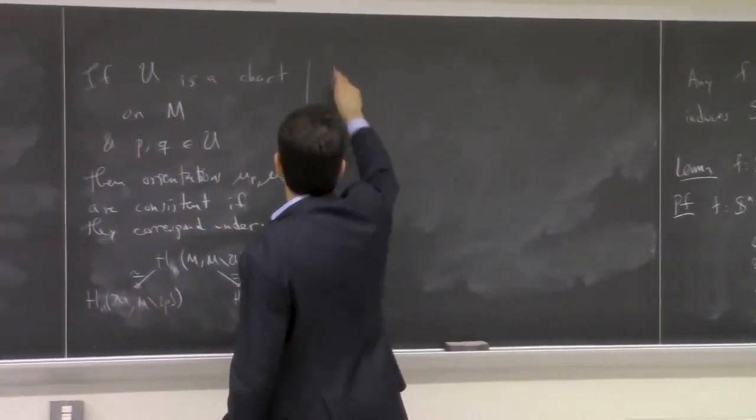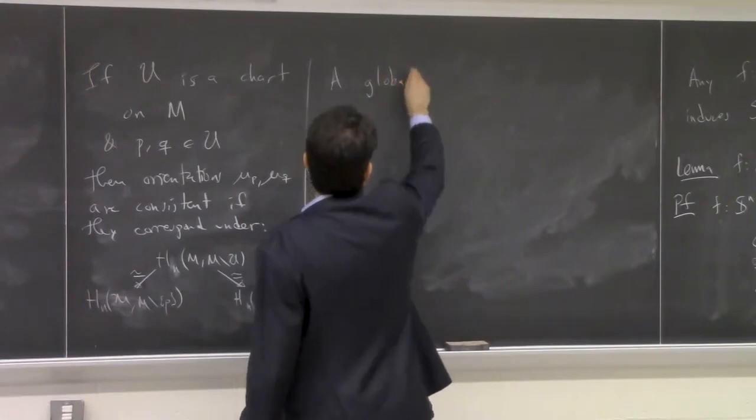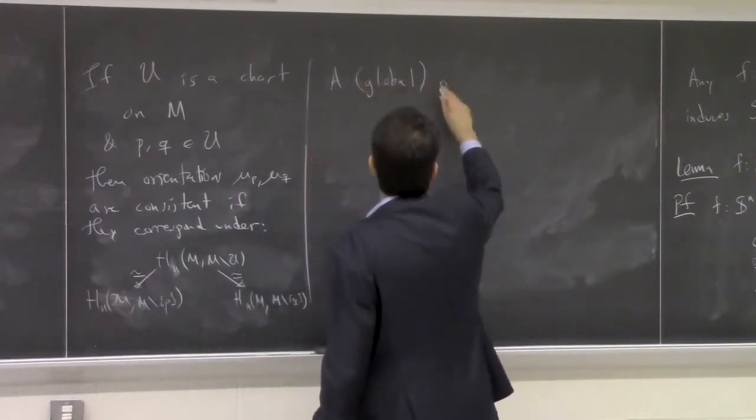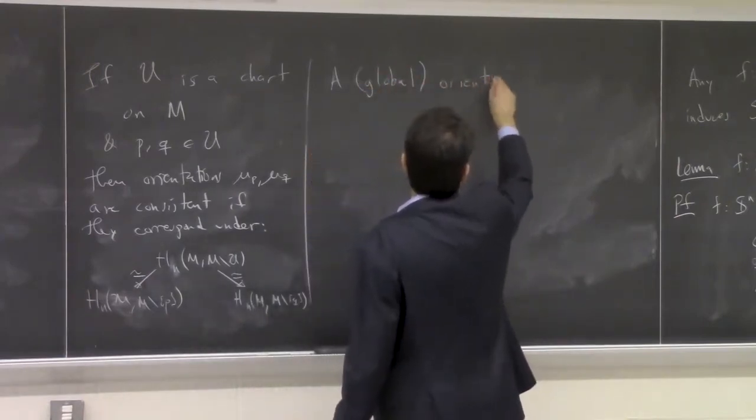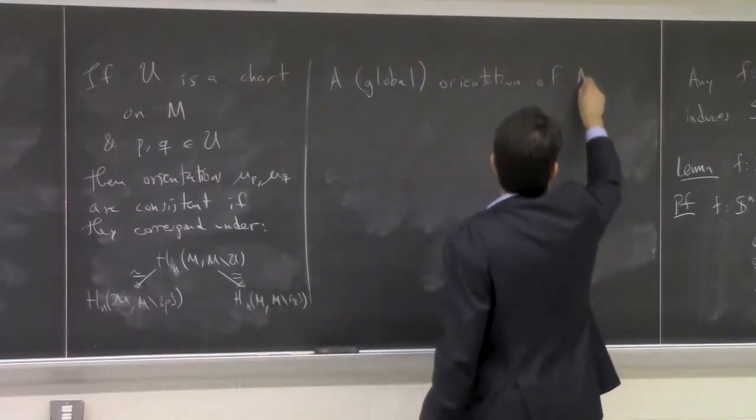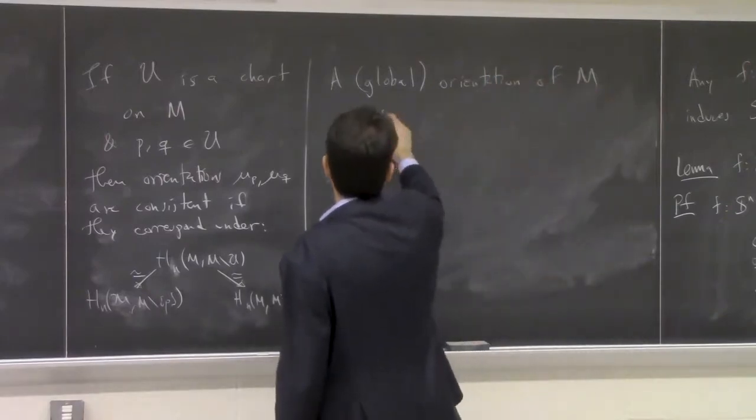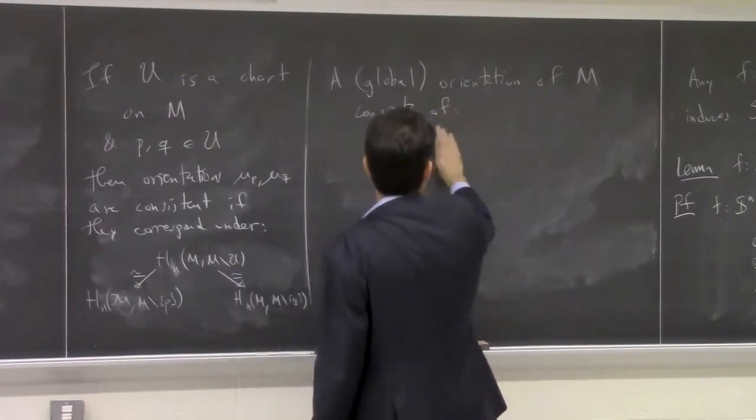So then a global orientation, or just an orientation, consists of two things.